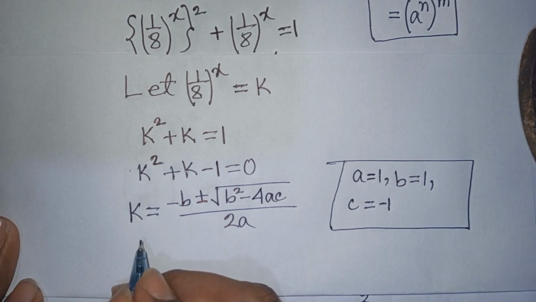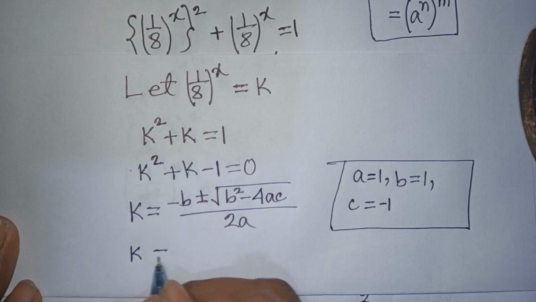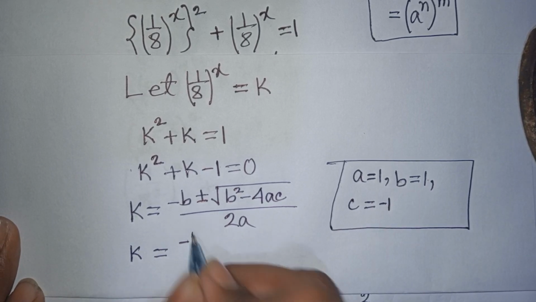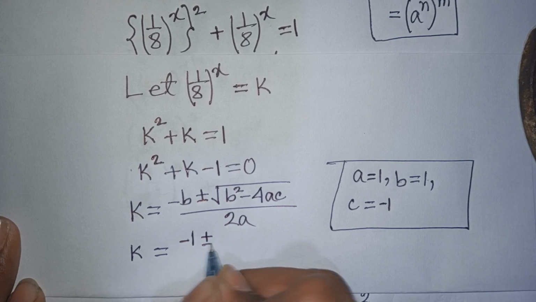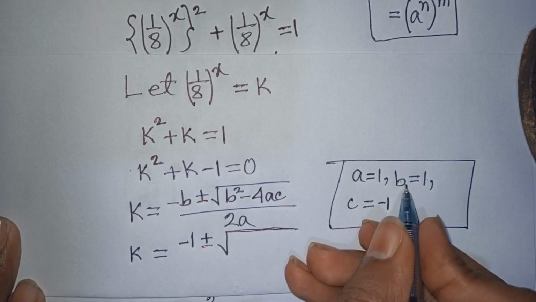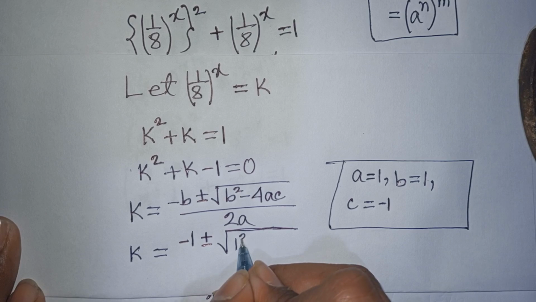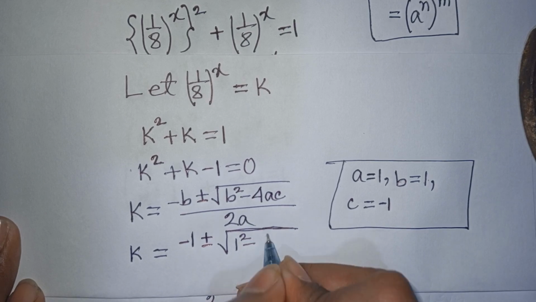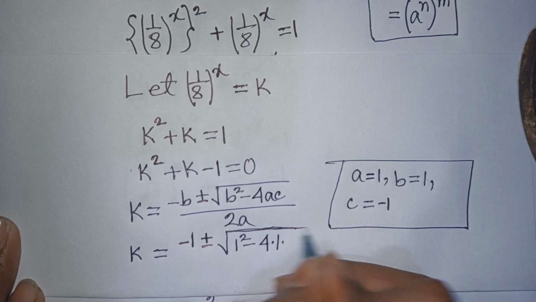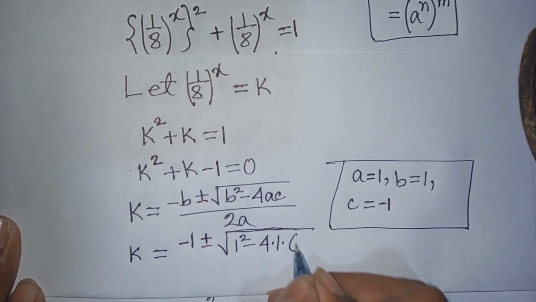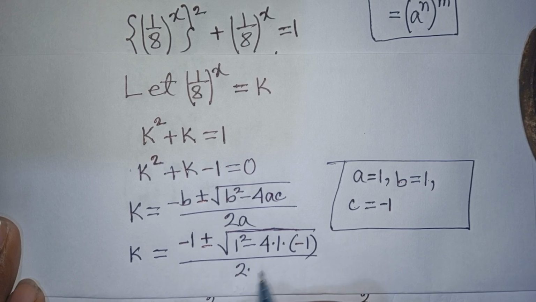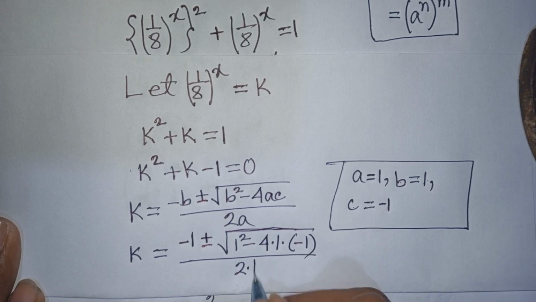Now k will be equal to minus b, that means 1, then plus or minus a square root of b square, that means 1 square, minus 4 times a, that means 1, times c, that means negative 1, divided by 2 times a, that means 1.